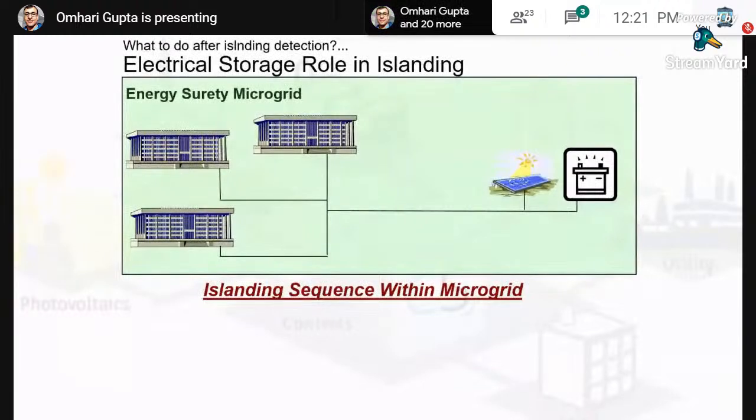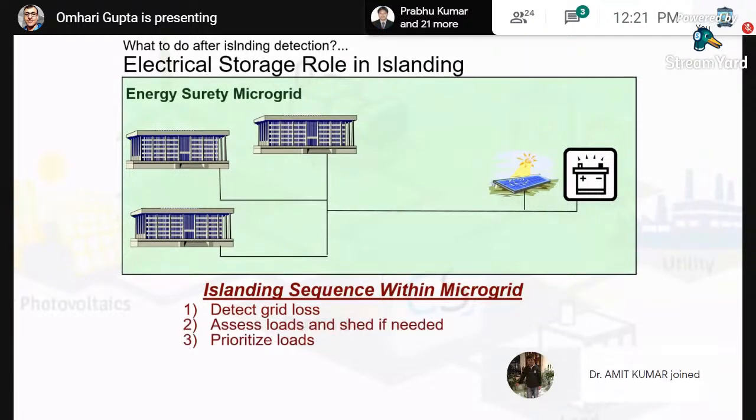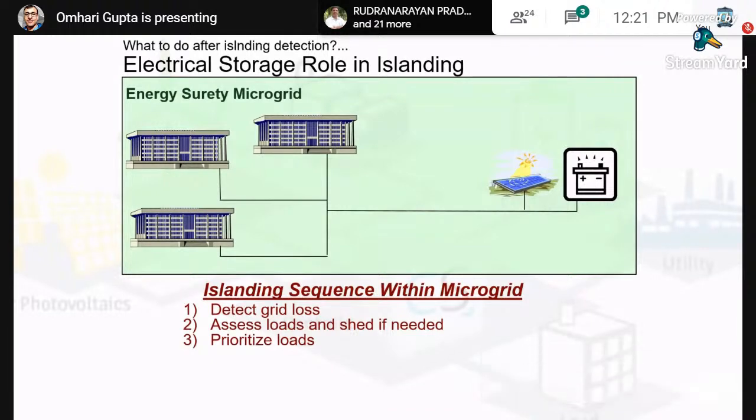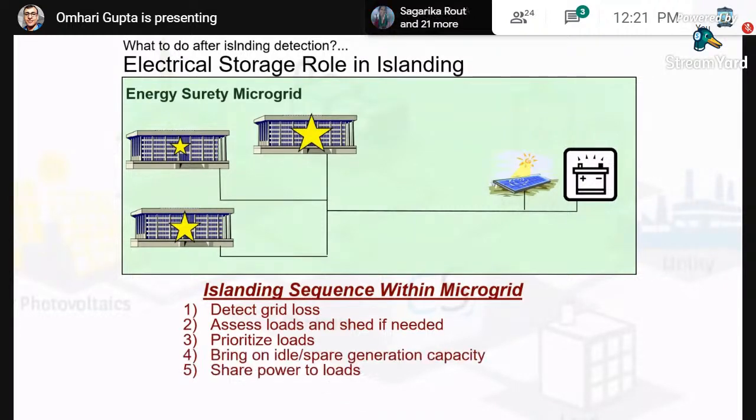Now, what are the sequences? Okay. First, you have to detect the grid loss. Second, you have to assess loads and shed if needed. You may disconnect several loads if it is required, and accordingly you can prioritize the loads and bring on idle spare generation capacity.